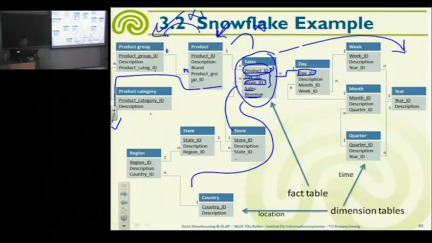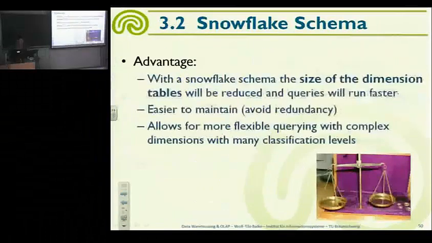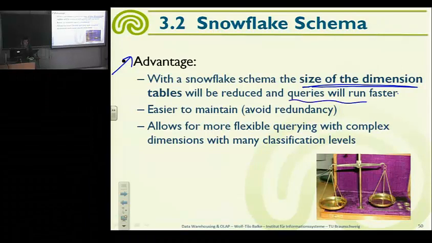You're not holding all of the product information in one big table, but rather it's normalized, so the different tables are small. So doing the joins is not very bad in terms of efficiency. And this is where the advantage of the snowflake comes from: once you start normalizing these dimensions, their sizes become small, and it's rather efficient in terms of the queries running faster.